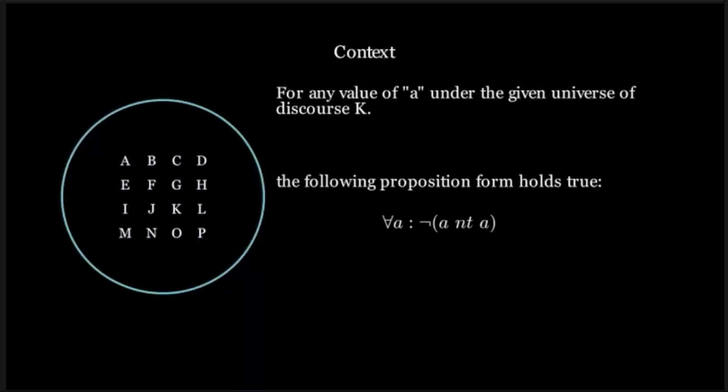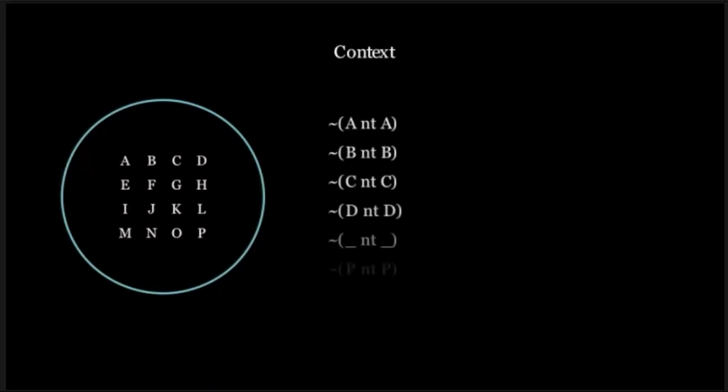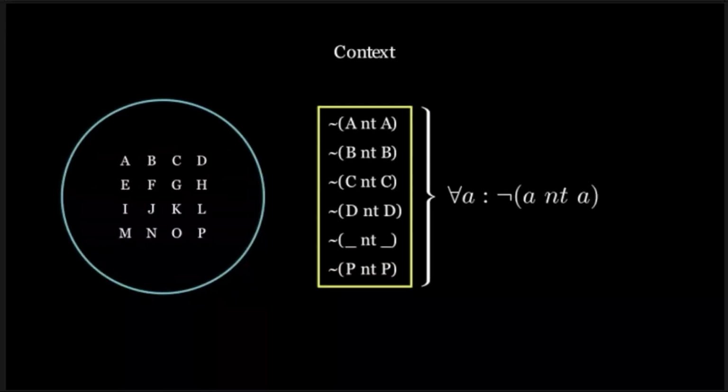So A can be A, B, C, D, E, F, any value we can substitute for A, and it can affirm a proposition for each element of the universal discourse. By using a quantifier, we can encapsulate all possible elementary propositions into a single general proposition, streamlining our analysis.